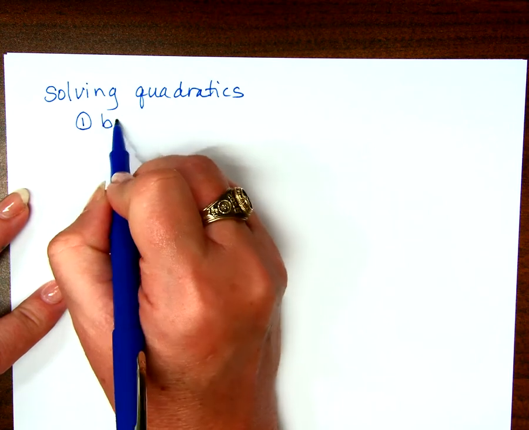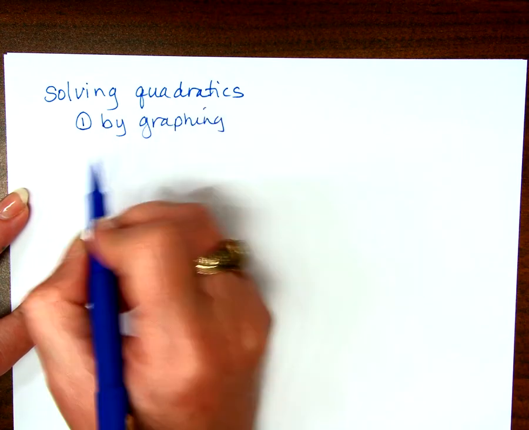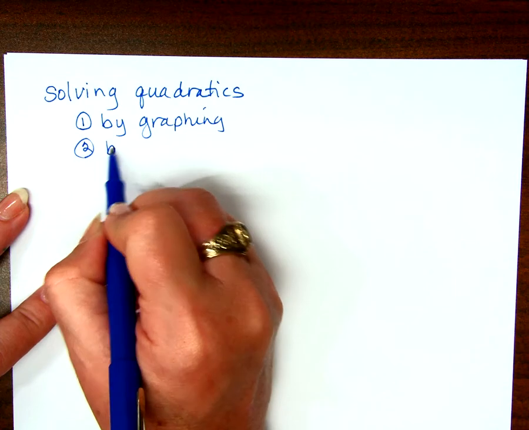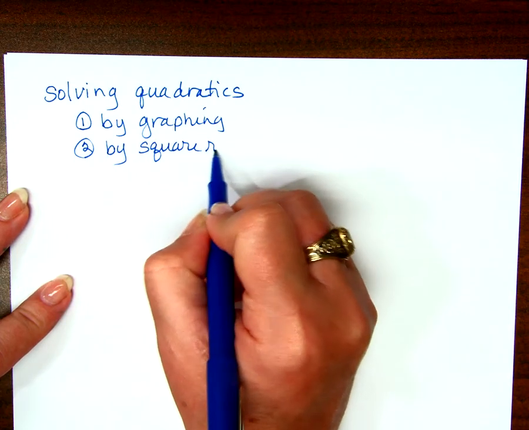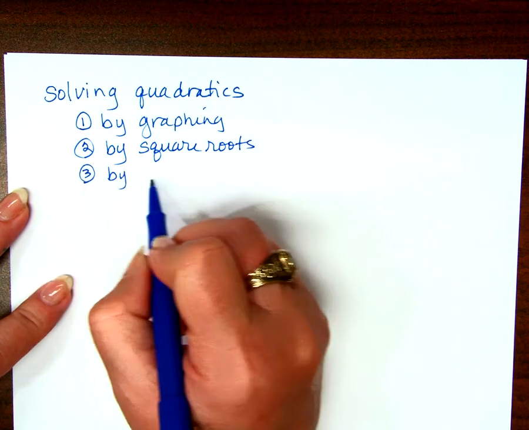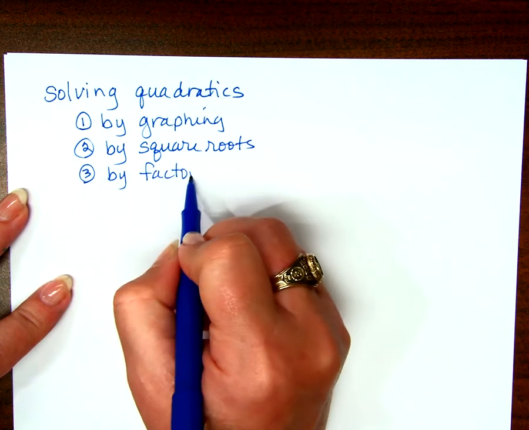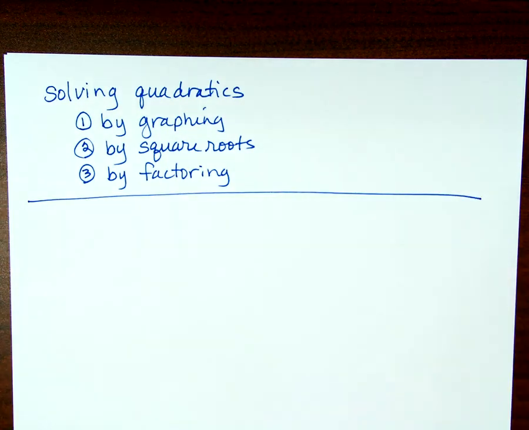First of all, we're going to solve it by graphing. Second of all, we're going to solve by square roots. And third of all, we're going to solve by factoring. Okay, those are the three ways that we're going to solve quadratics today.